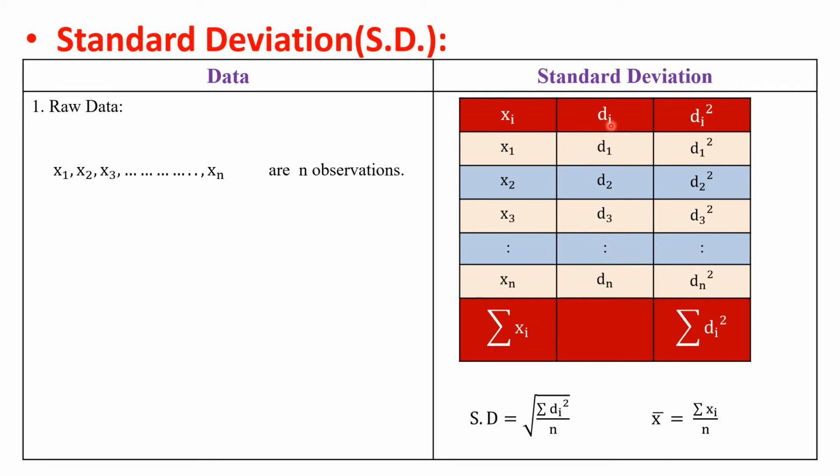Di is given by modulus of xi minus x bar, where x bar is the mean. Then d1, d2, d3, dn are the corresponding di's. Let us form one more column for di square, d1 square, d2 square and so on till dn square. Then take the summation of all the di squares so that we can find standard deviation by the formula square root of summation di square upon n.